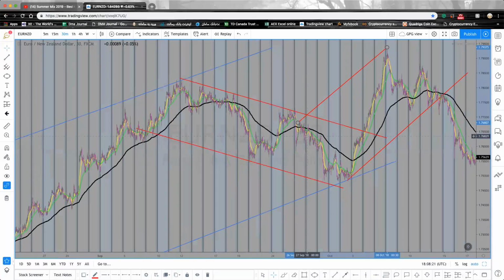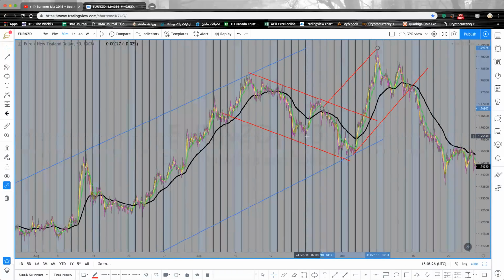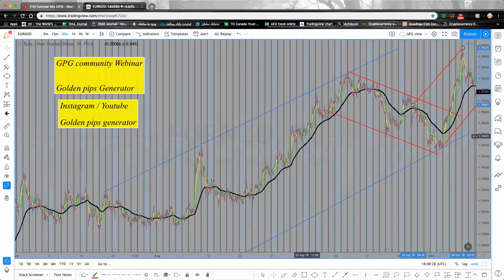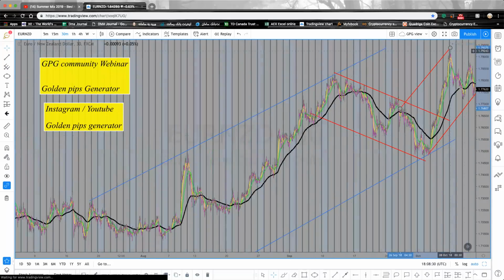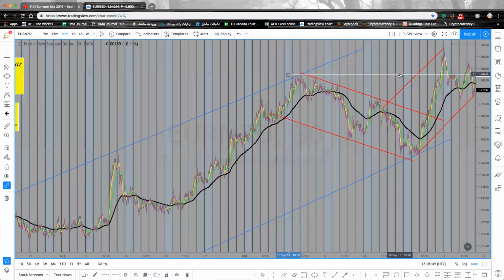If anybody wants to follow this uptrend, they are being induced right now around here. They have their zone up here, which was a resistance at the time and is now acting as support in a macro uptrend. So everybody is buying. That's when you want to sell.